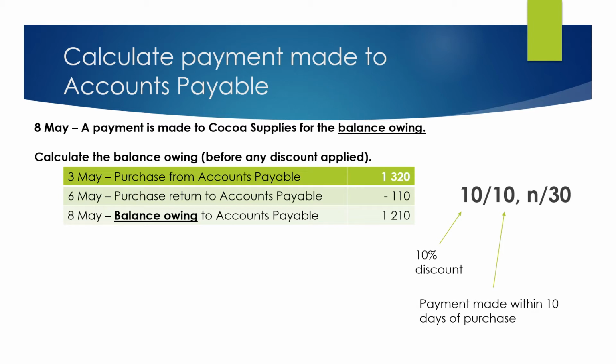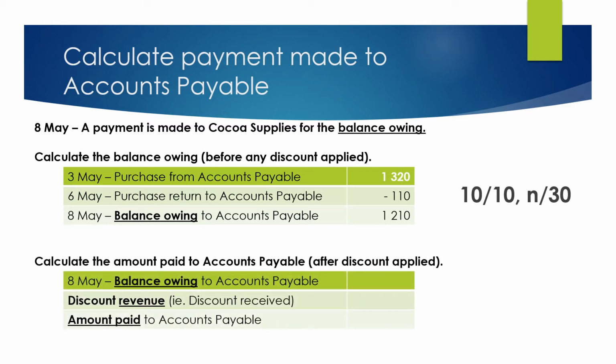Looking at our transactions here, we can see that the purchase was made on the 3rd of May, and the payment is made on the 8th of May. From the date of purchase to the date of payment, that's only 5 days. And that's definitely within 10 days of purchase. In this case, we will definitely receive the 10% discount from the accounts payable.